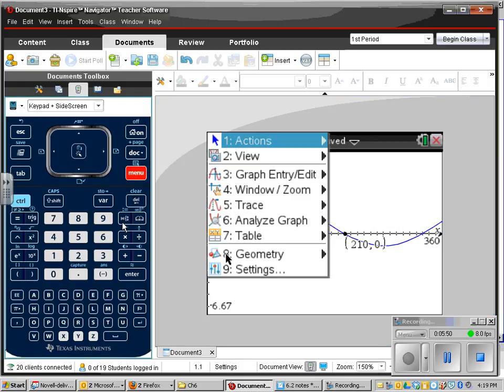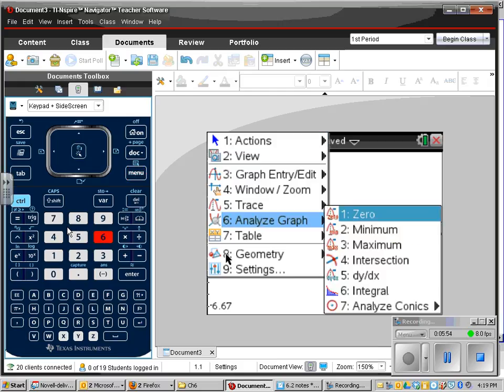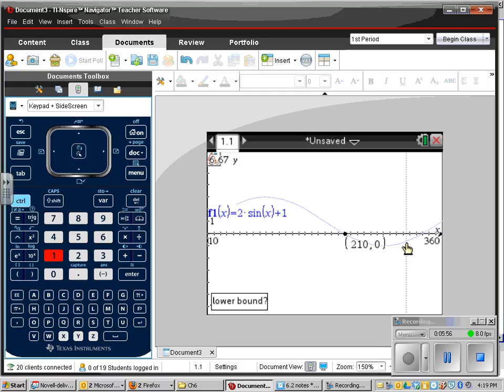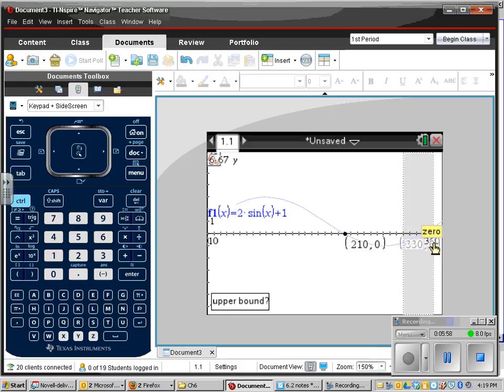So that corresponds with the first one that we found. And then do the same thing again for the next one. Click on the left and click on the right, and 330 was the other degree measure for our solution. So that's an excellent way to check your work.